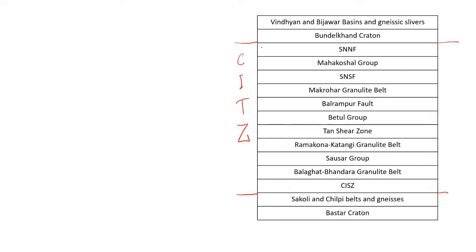The Son Narmada North Fault extends all along the outer periphery of the Vindhyan Basin. It was active until the Neoproterozoic, and it marks the northern boundary of both the Mahakoshal belt as well as the CITZ.